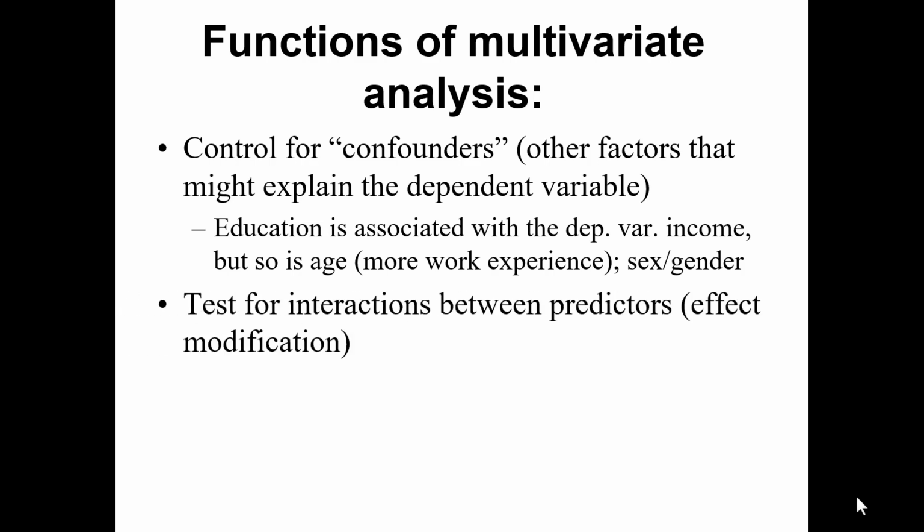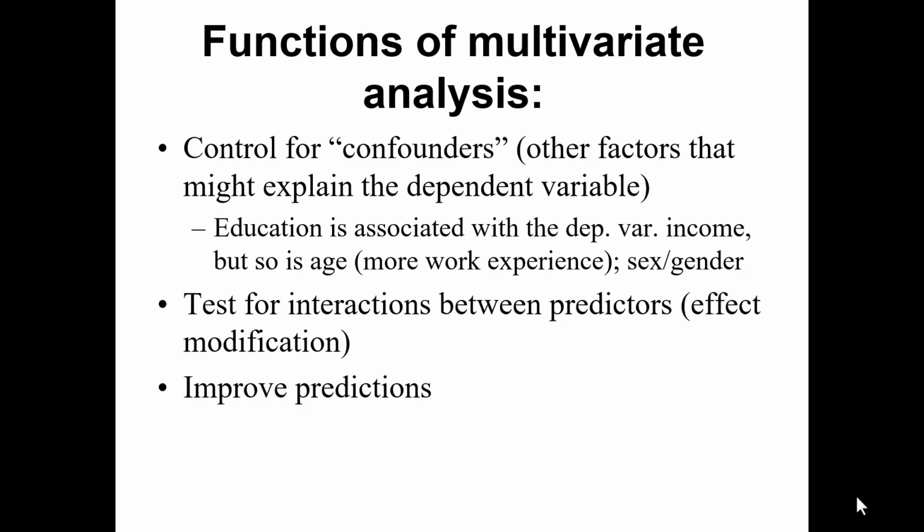And as your replication study is doing, you create an interaction term. So multivariate analysis can test for interaction between predictors, right, and effect modification and modifiers. And that article on attitudes towards homosexuals has an interaction term, and you're going to do that for your replication study. I believe it's education times conservatism.